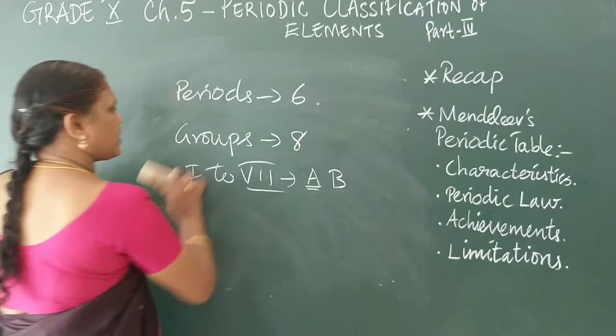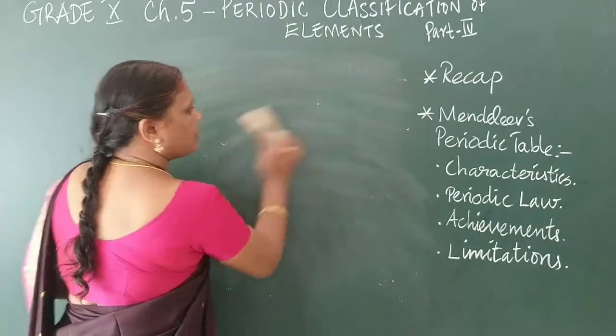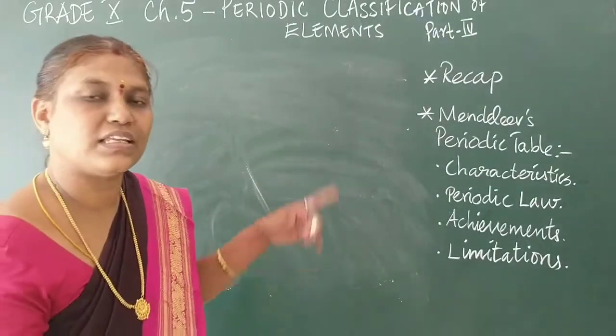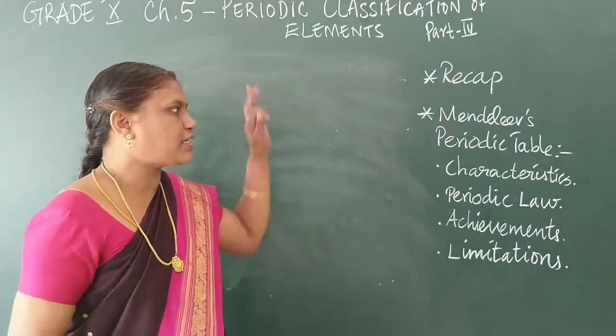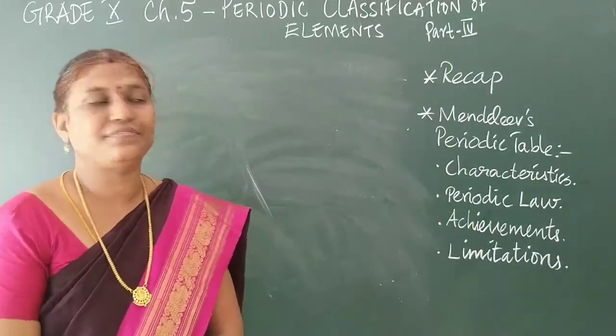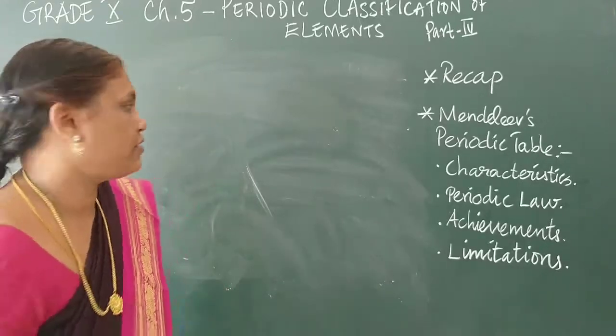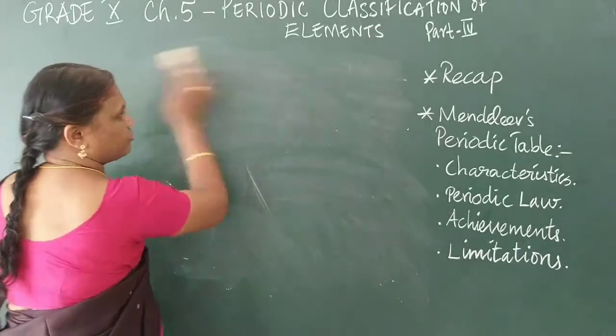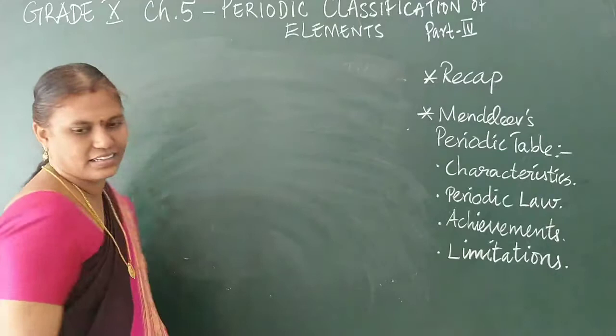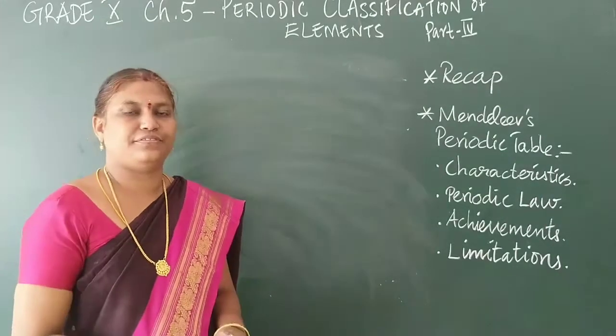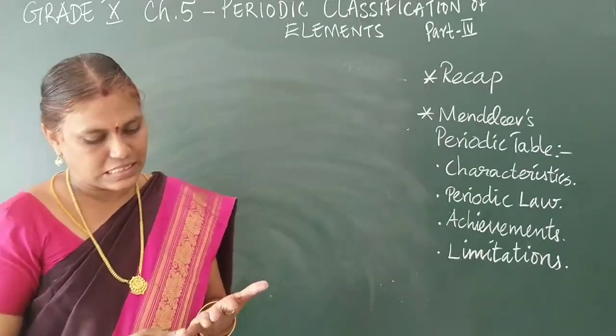Then let us see the characteristics of the Mendeleev periodic table. This is the thing we have seen in the last class. What are the characteristics of Mendeleev's table?